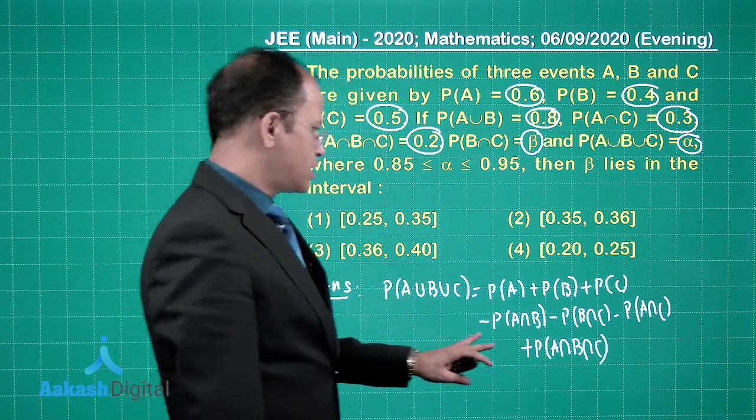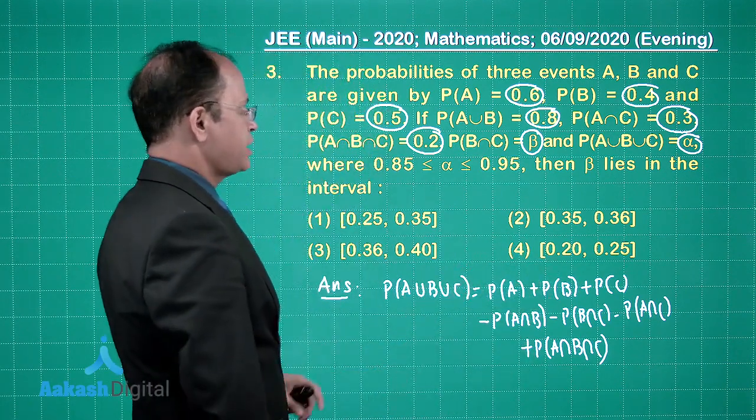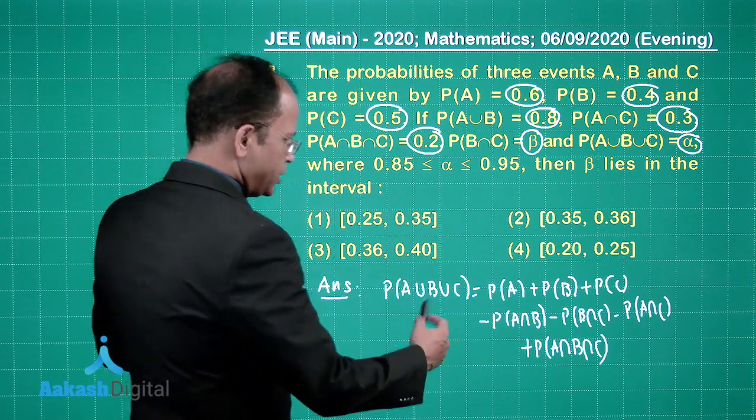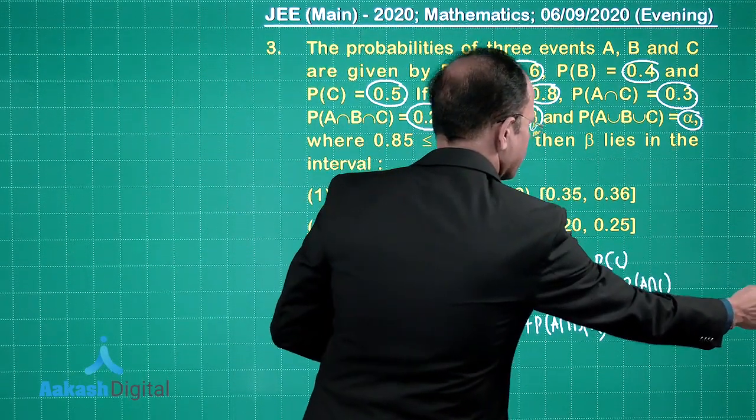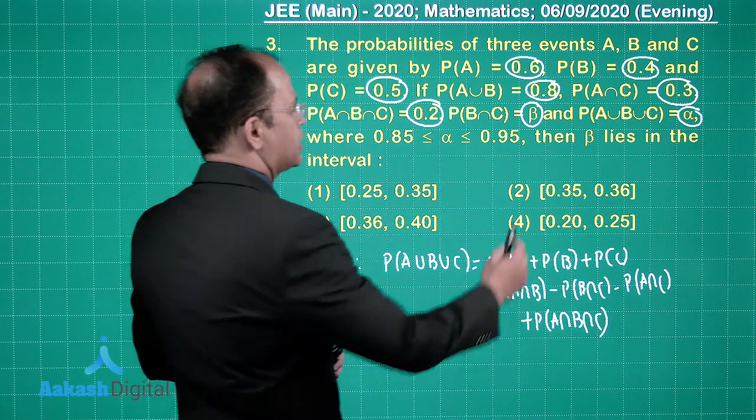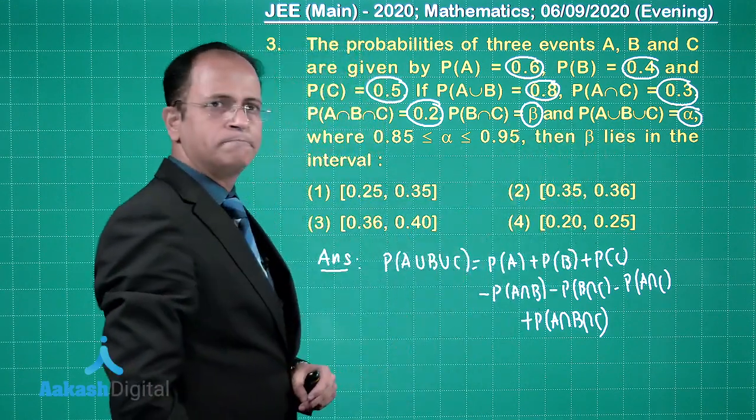Now what we can do, we can just substitute all the values in this case. So once you substitute the values, we come out with a relation between beta and alpha.